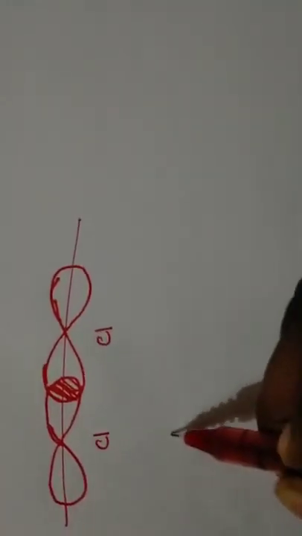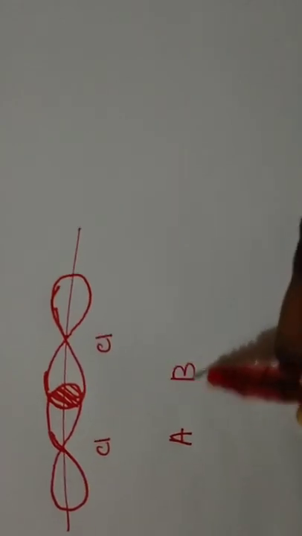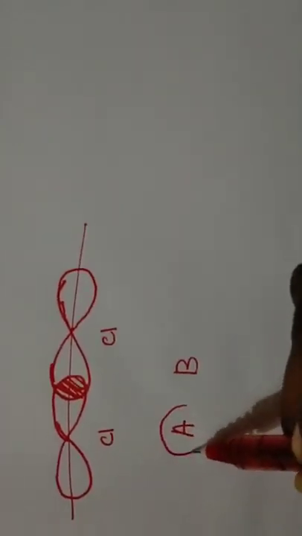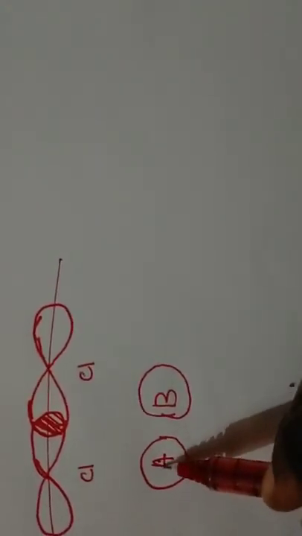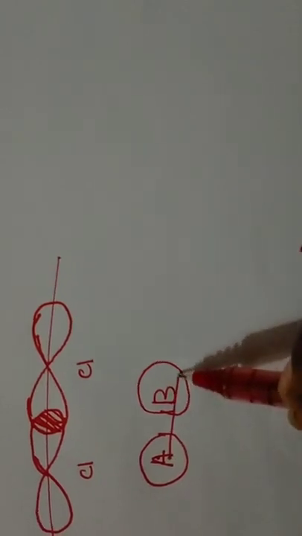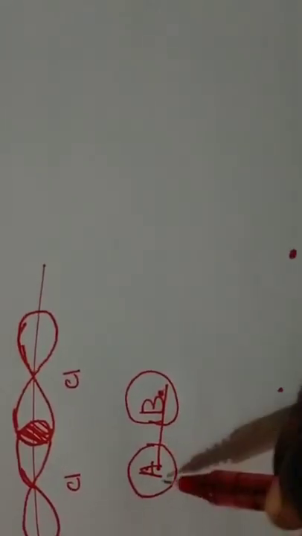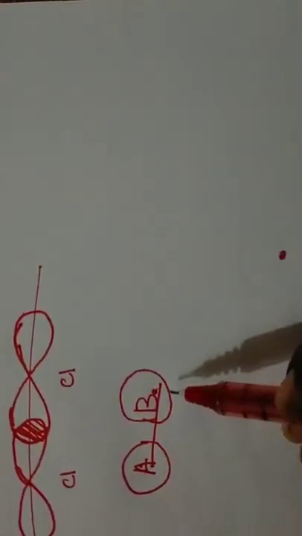We can take the example A and B. A is one atom and B is another atom. So this is the internuclear distance between two different atoms, first atom A, second atom B.